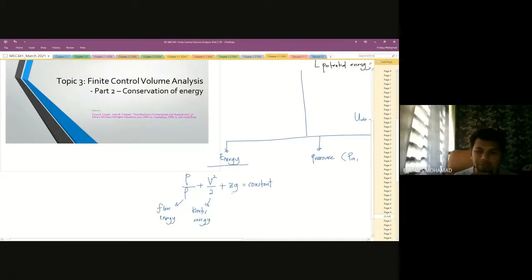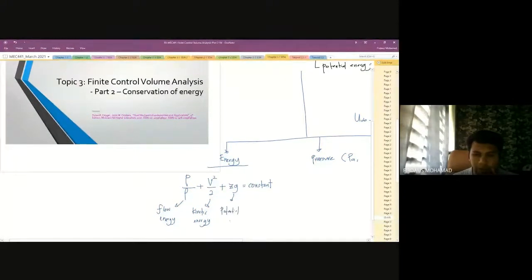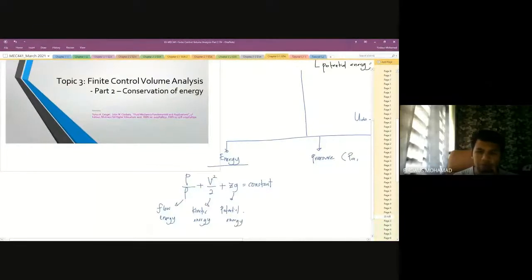Zg ni apa? Z multiply with g. Satu lagi energy apa? Potential energy. Okay, so this is equal to constant.